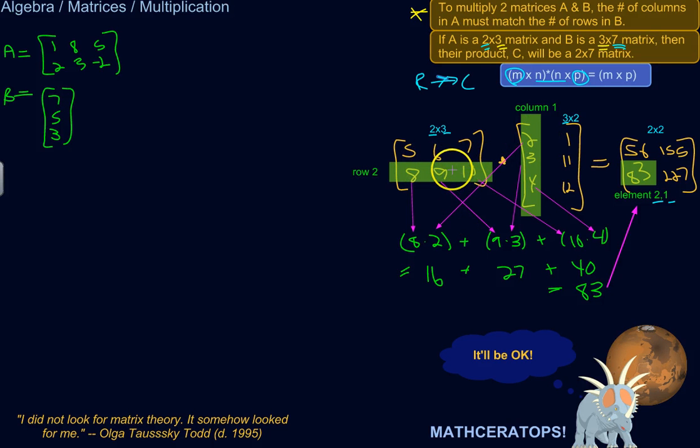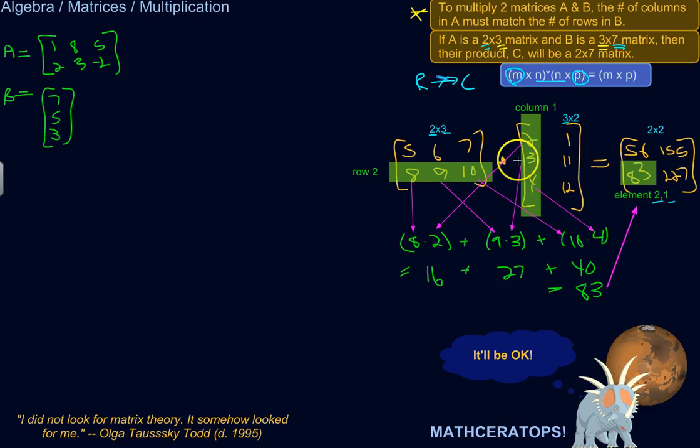I multiply the second element of the row by the second element in the column, and I multiply the third element in the row by the third element in the column. That's why the number of columns of the first matrix has to match the number of rows in the second matrix, so that these things match up.